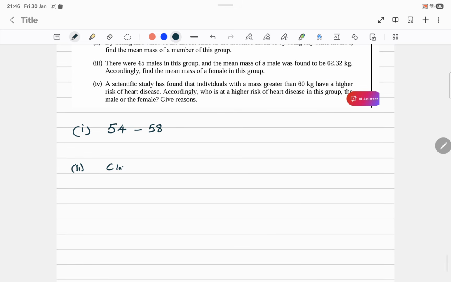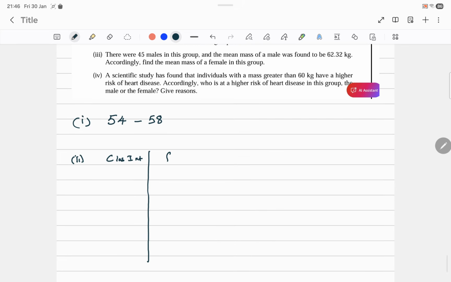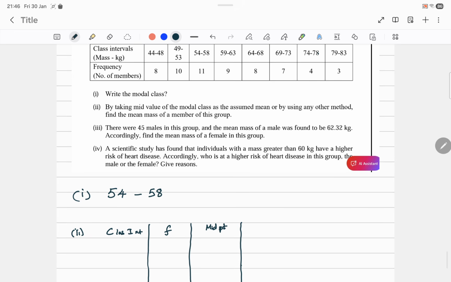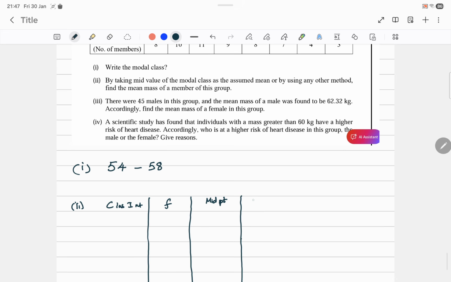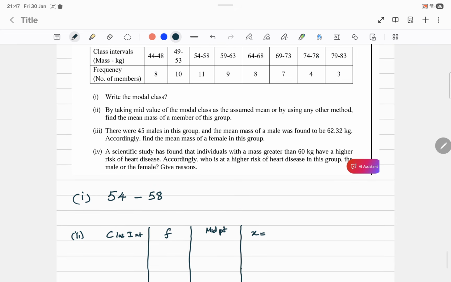We have the class intervals, frequency, midpoint, then d is going to be what, our midpoint minus the assumed mean.